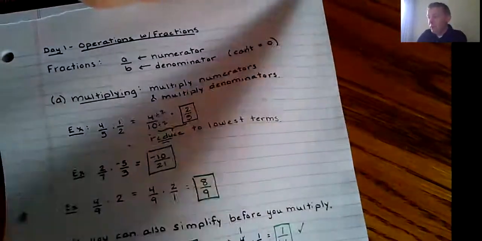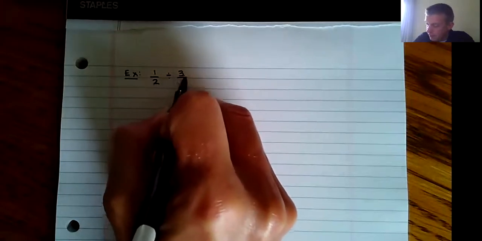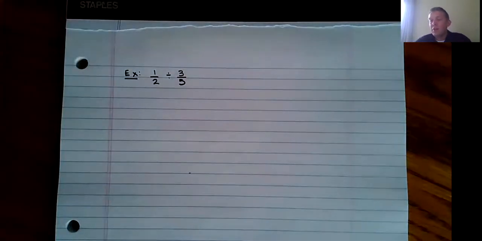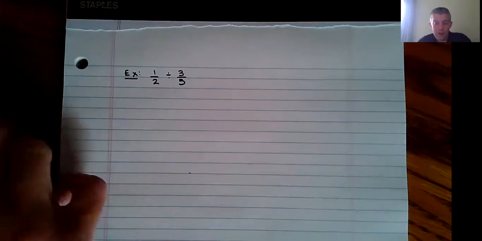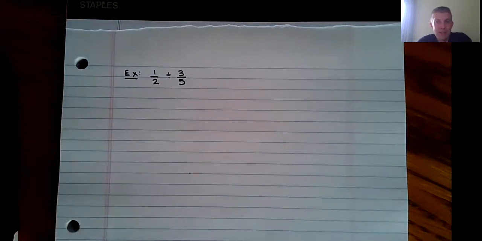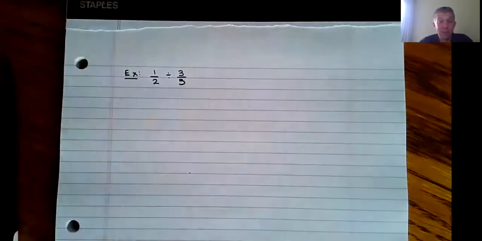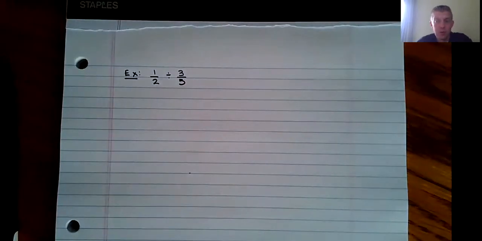All right, I'm going to get a new page. Let's do some more division problems. Now I want to do 1/2 divided by 3/5. So drawing a picture for this would be hard because literally what this means is how many lengths of 3/5 can fit into 1/2. It's not going to be an obvious answer. 3/5 is bigger than 1/2, so you won't even be able to fit a full 3/5 into it.